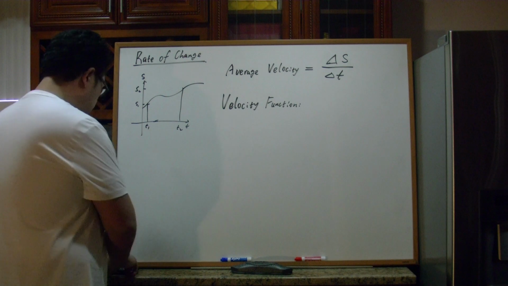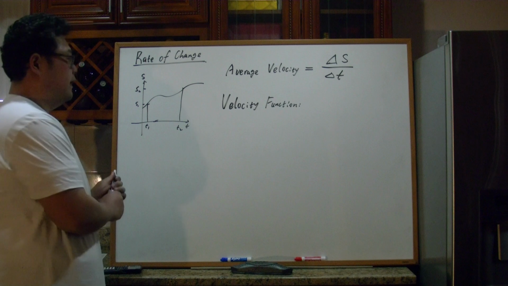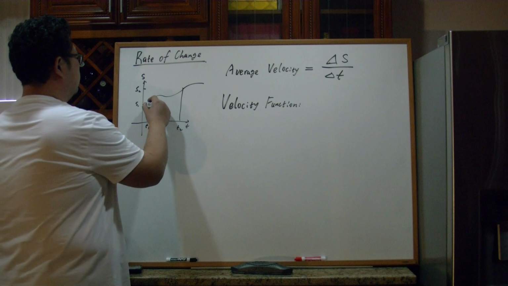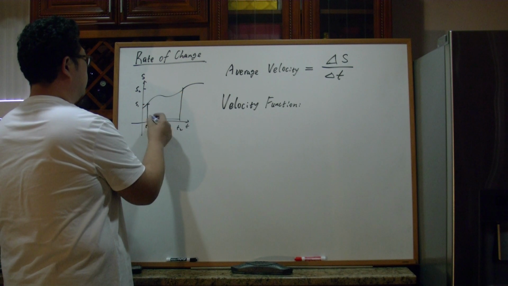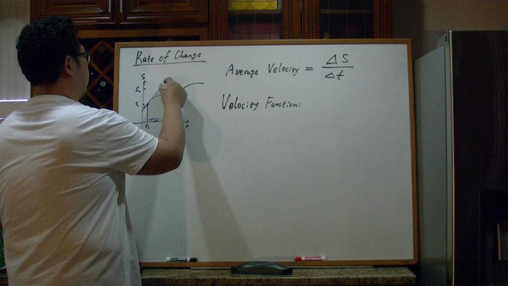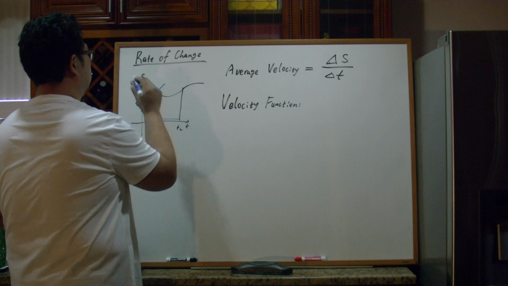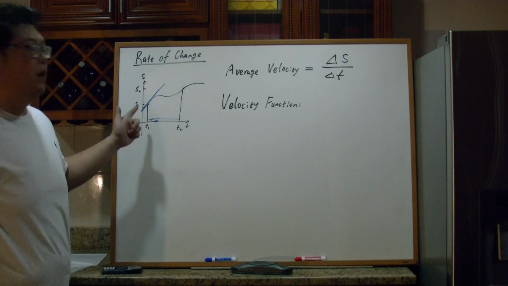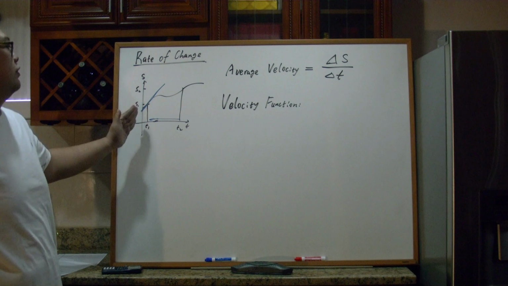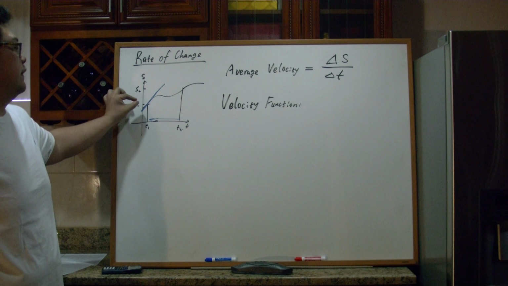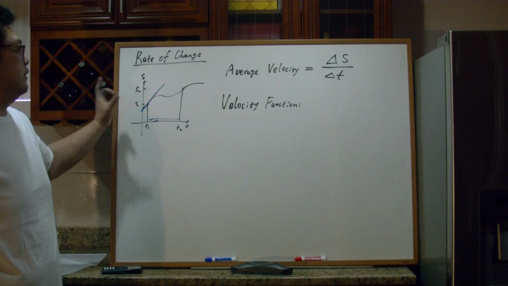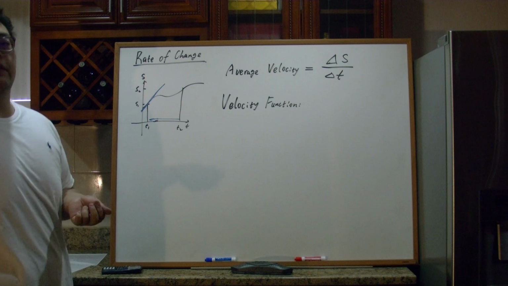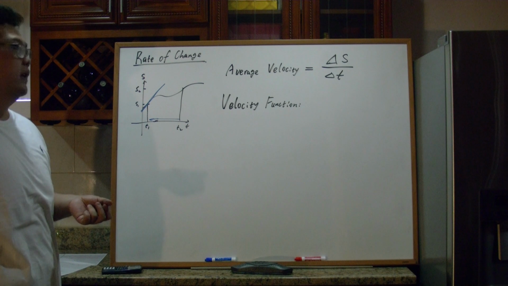Before, the average velocity was the velocity of a certain interval, but once t2 approaches t1 very closely, we get the instantaneous velocity. The slope at t1 is the rate of change of distance at time t1, and the rate of change of distance is called the velocity.